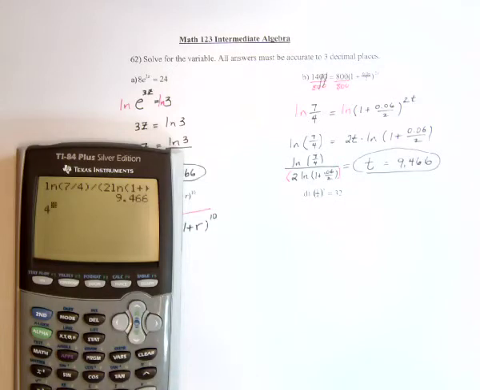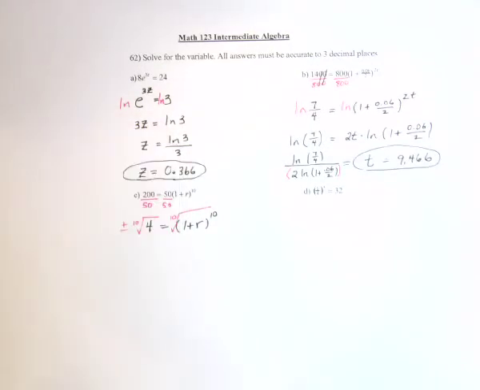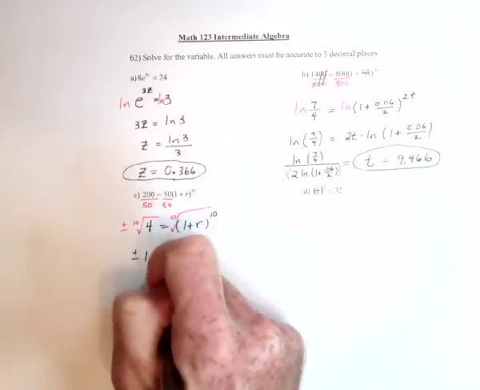You can go 4 is raised to the 1/10th power, or you can go 10, then math, and this one right here is the root. So that's going to be the 10th root of 4. Either way you look at it, it's 1.149. So plus minus 1.149.